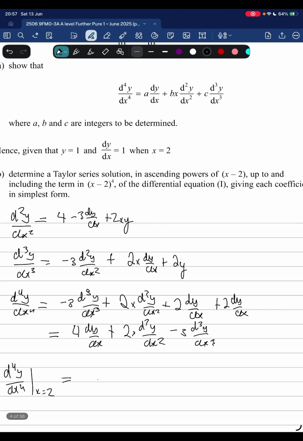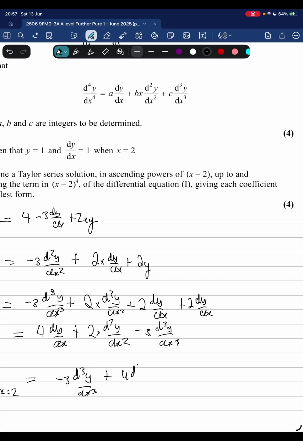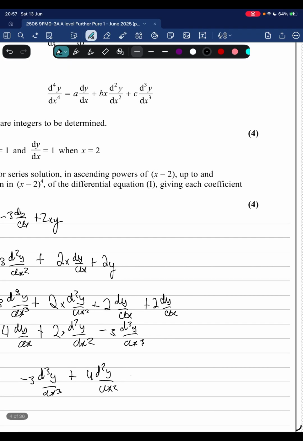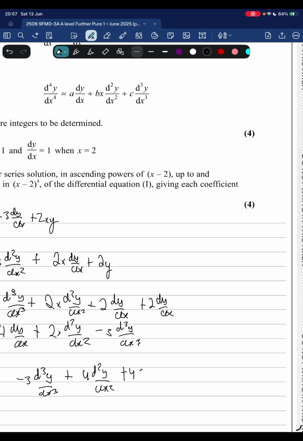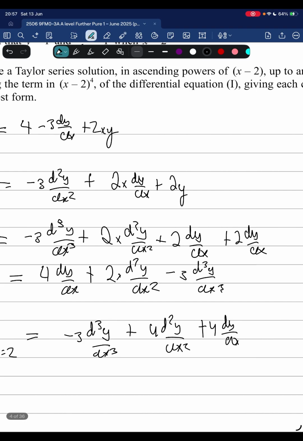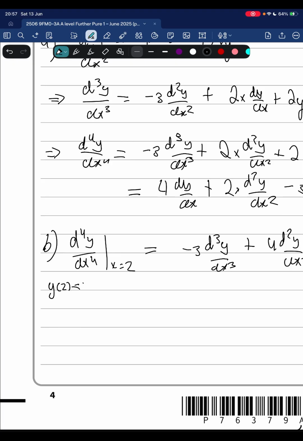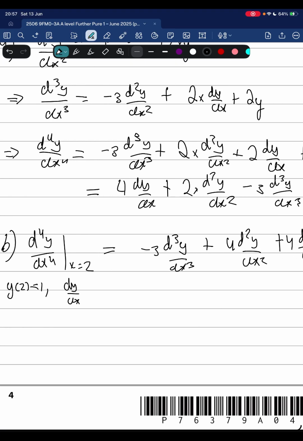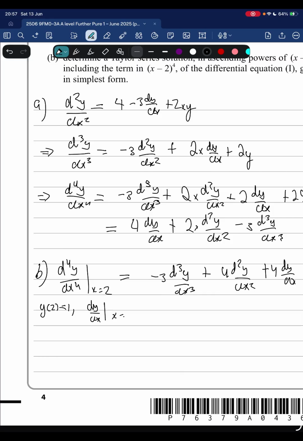That's going to be minus 3 d3y by dx cubed plus 4 d2y by dx squared, and then plus 4 dy by dx. Okay, so we know y of 2 equals 1, and then dy by dx when x equals 2 equals 1.